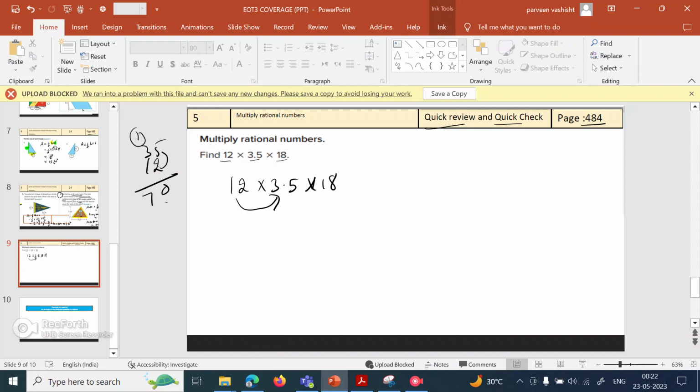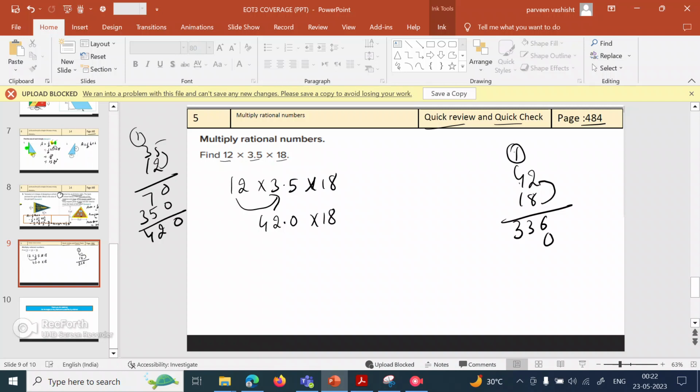2 times 5, 10. 2 times 3, 6, plus 1 carried over is 7, and 1 and 3. It will be 420, so 42.0 multiplied by 18. So you can try 42 multiplied by 18. 8 times 2 is 16, 1 carry over, 8 times 4 is 32 and 1 is 33.